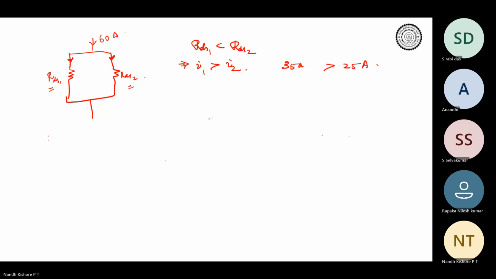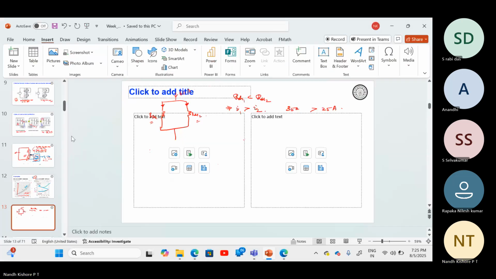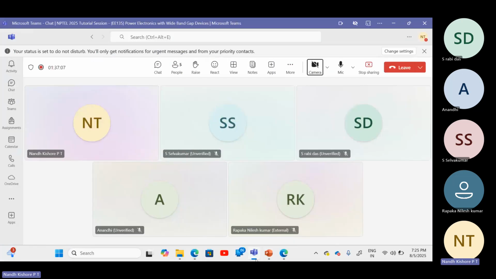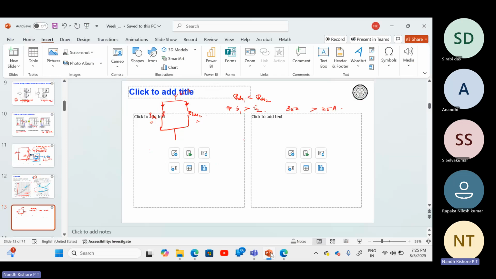Okay. Then what happens? Now, where will the loss be higher? Others, please try to answer. We have this scenario, 60 amperes getting split as 35 and 25. So where will the loss be higher, in device 1 or device 2? Device 1. Why?